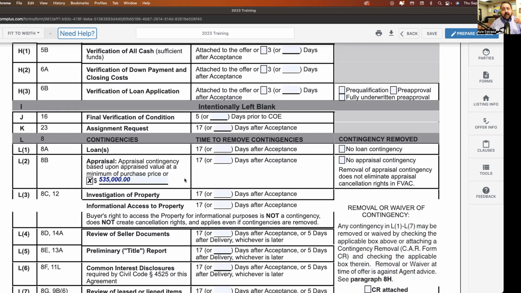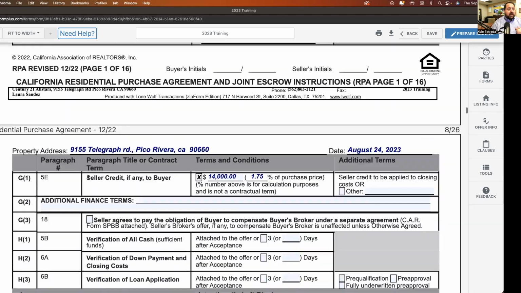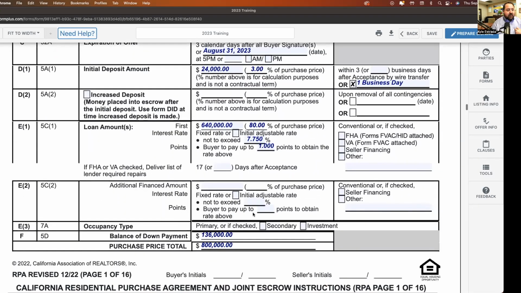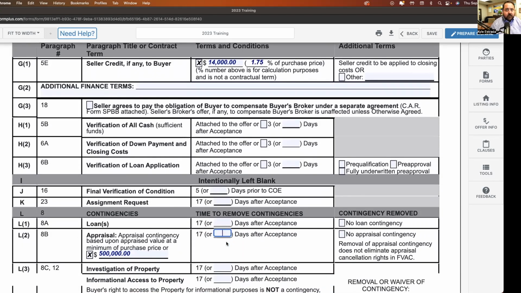So if I'm doing that, what we talked about at the beginning, where your offer price was 500, so that's what I'm writing, it's contingent on it appraising for 500,000, but I'm offering you 560, then my proof of funds should back that up, right? I should have the down payment that I have here, the $160,000 that I'm putting down. I should have at least $220,000 in my bank account as my proof of funds, right?